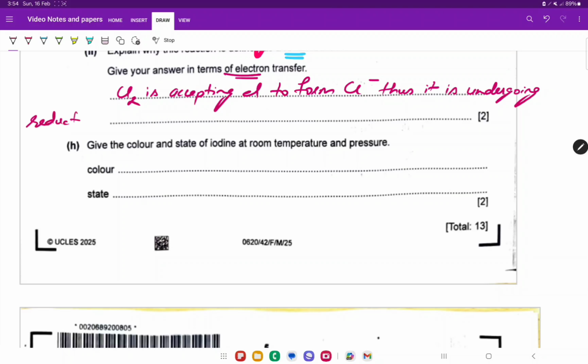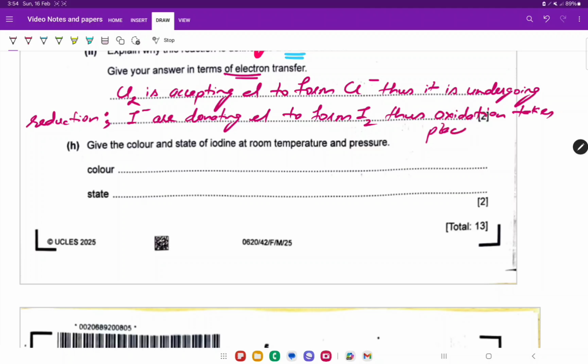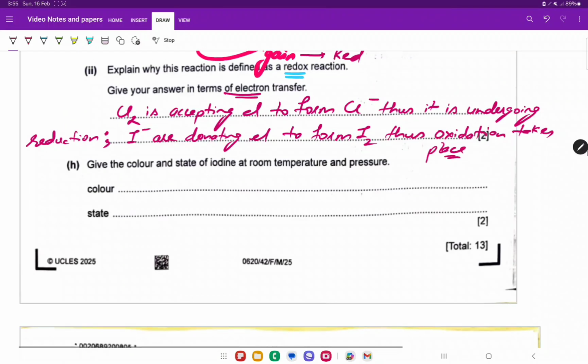Whereas I minus ions are donating electrons to form I2, thus oxidation takes place on them. And since both oxidation and reduction are taking place, it is called a redox reaction.